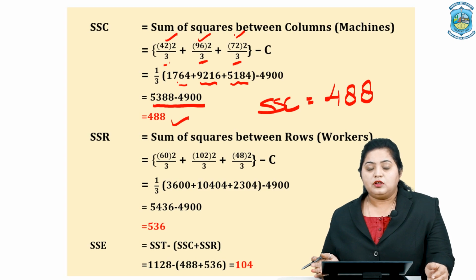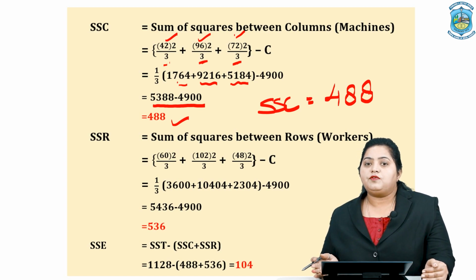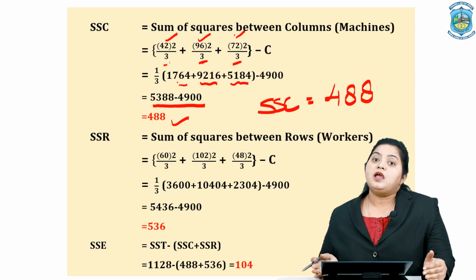Moving forward to find out the SSR. Now to find out the SSR, that is the sum of squares between the rows, we follow all the steps which we already conducted for SSC.